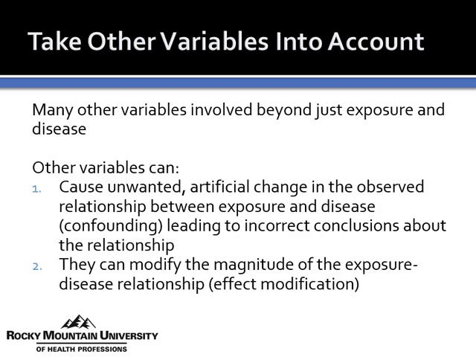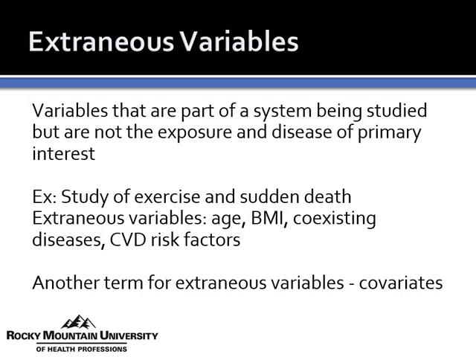Taking other variables into account, many other variables are involved beyond just exposure and disease. Other variables can cause unwanted artificial change in the observed relationship between exposure and disease. That's confounding, leading to incorrect conclusions about the relationship. They can modify the magnitude of the exposure-disease relationship.